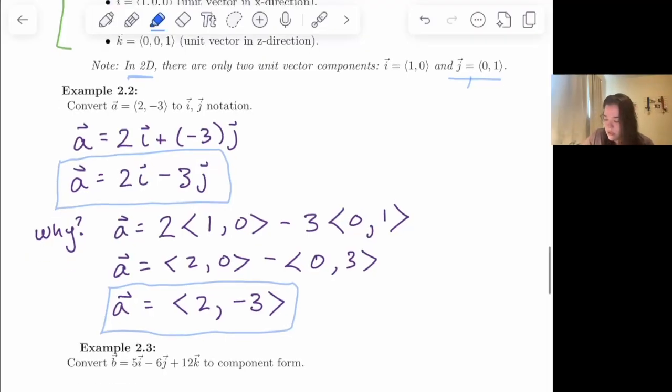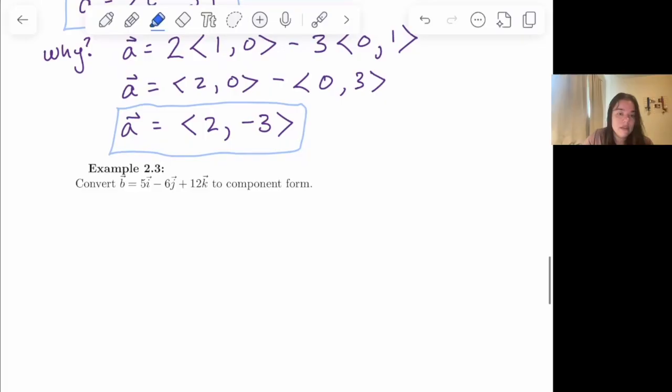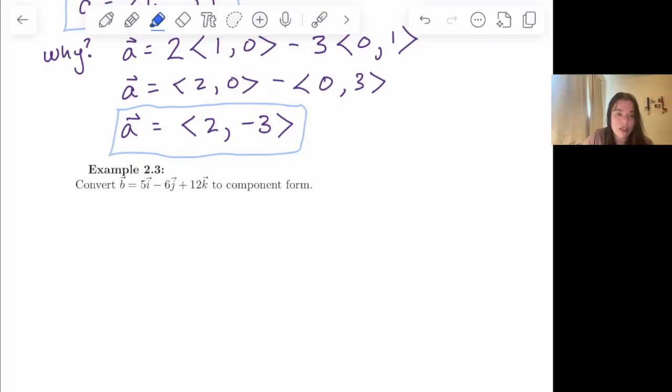So let's do example 2.3. But now it's the opposite. We are converting vector B to component form. We can do this without going through all of that. We can just say, looking at vector B, going to component form, the value multiplying the i will be the x component.